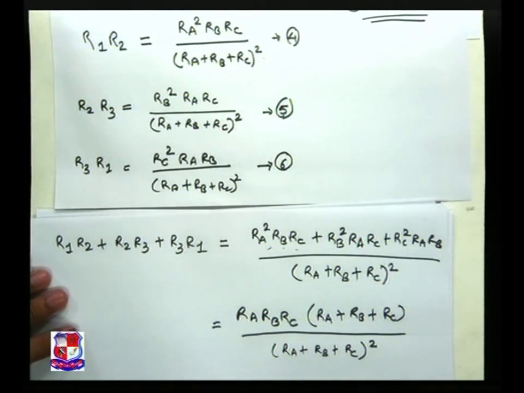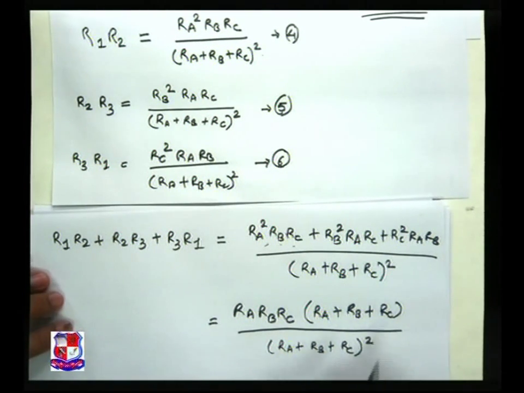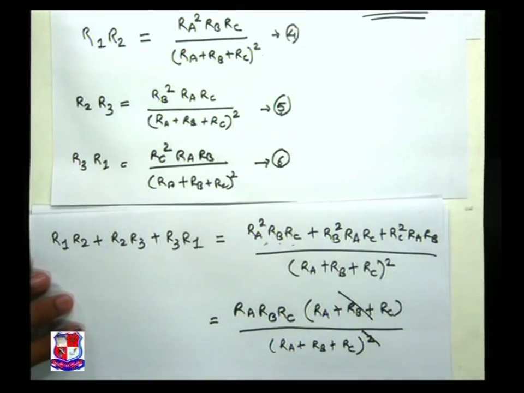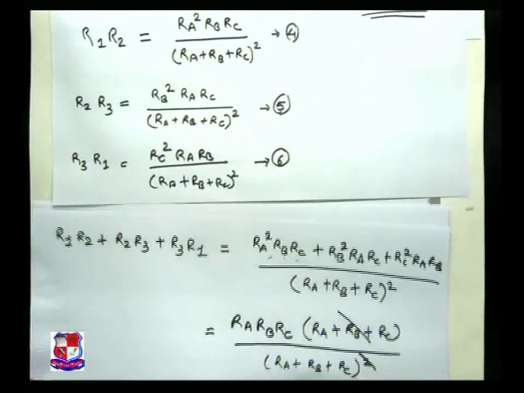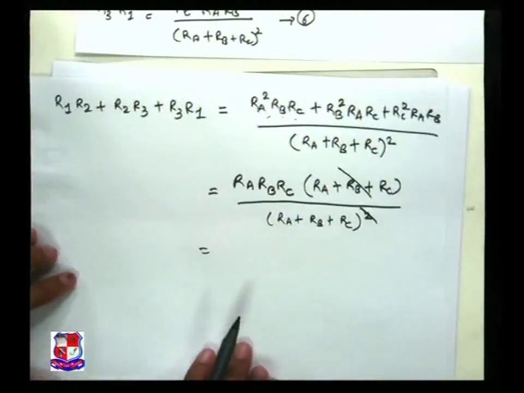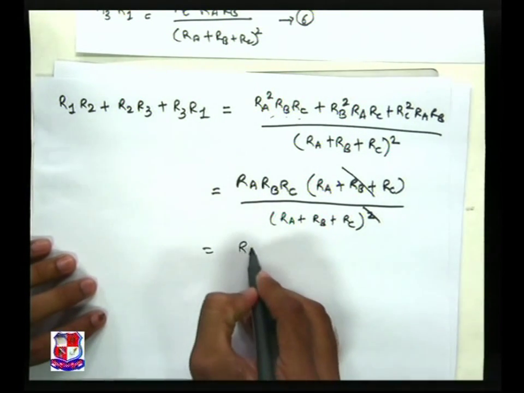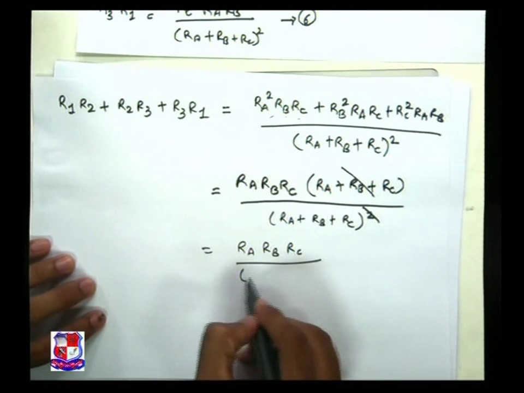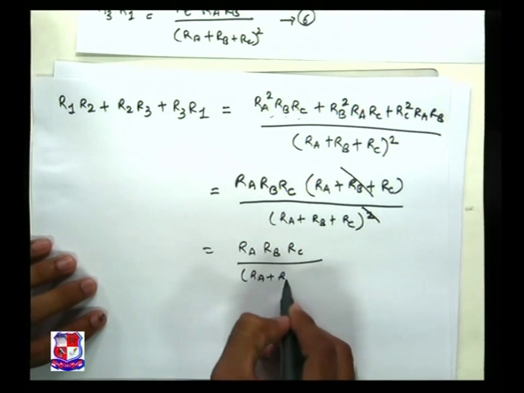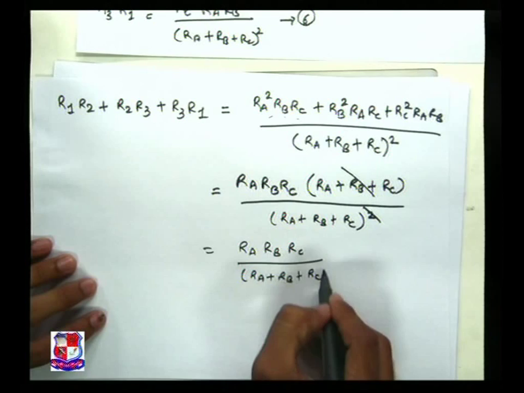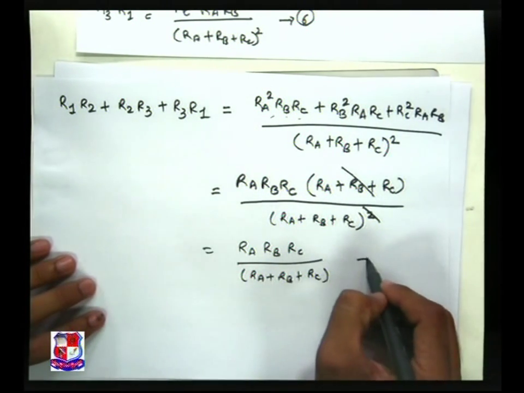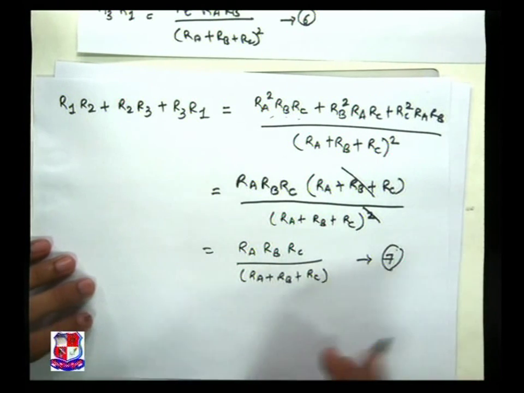Now as seen in the equation, the upper part and lower part are equal, so one time it is cancelled. So the remaining equation becomes RA RB RC upon RA plus RB plus RC. So it is known as equation number 7.